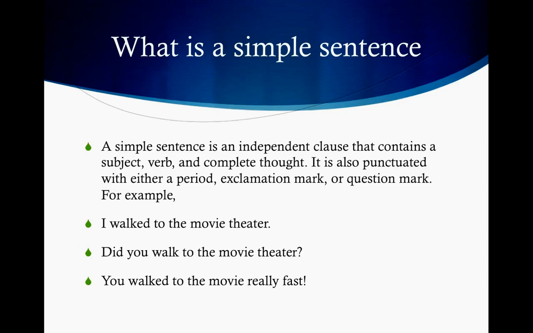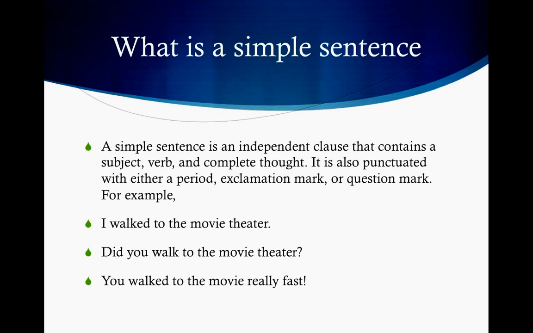Now, you don't necessarily have to just use the personal pronoun I. You can use the plural. So we walked to the movie, but you just want to make sure that you have the subject, the person or thing or whatever it is. I or we walked to the movie theater.